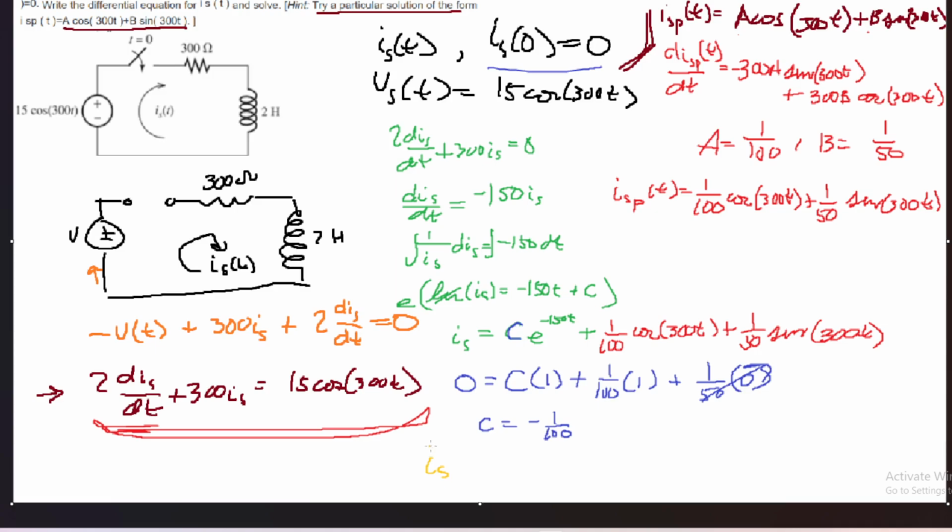Is is equal to, I think it's cleaner if I did, negative e to the negative 150t over 100 plus 1 over 100 cosine of 300t plus 1 over 50 sine of 300t. And there you go.